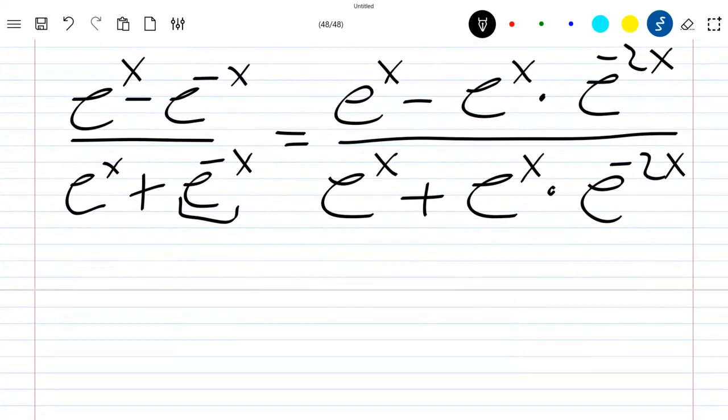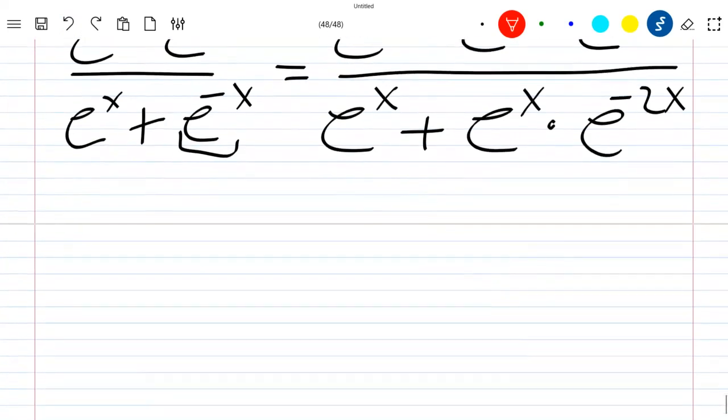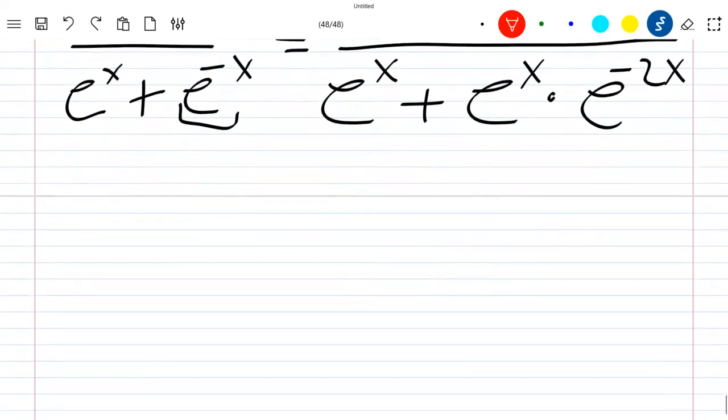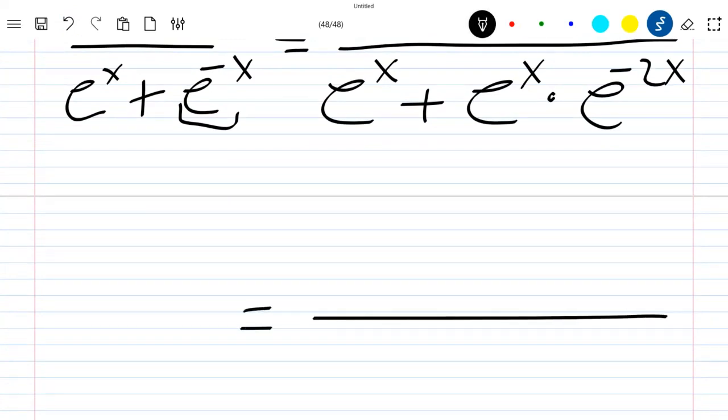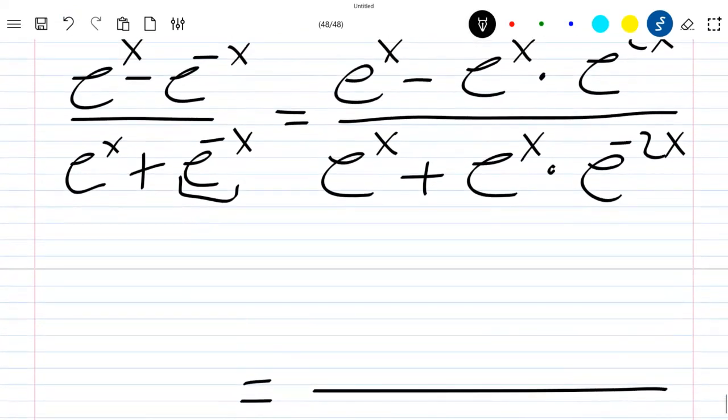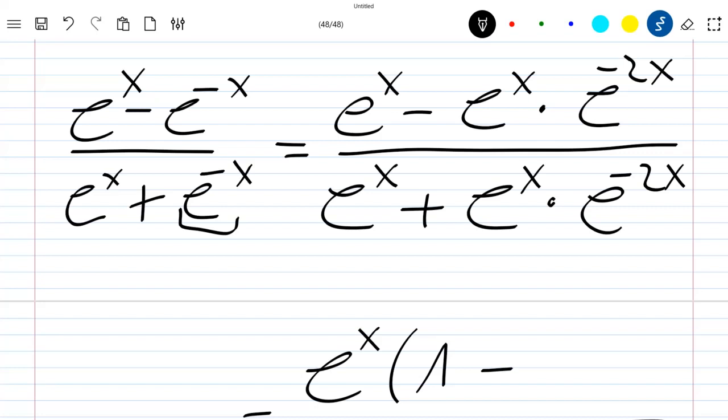Now we can see directly that we have exponential x here, and here we can pull it outside, also here, and here we can put it outside. So we'll just have, which is equal to, exponential x outside will stay here with 1 minus this exponential minus 2x.